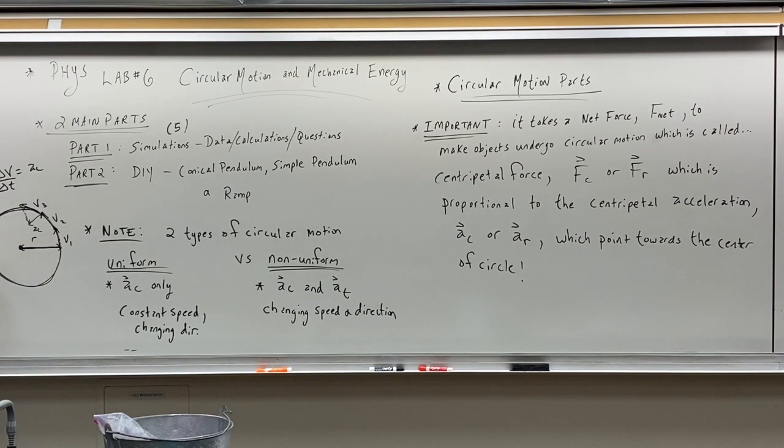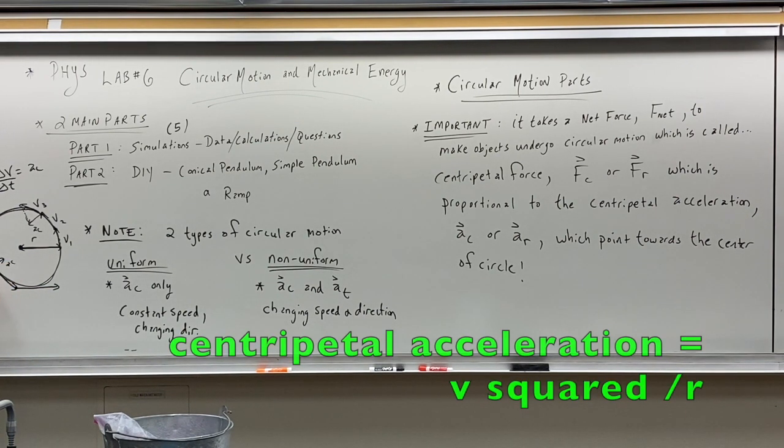However, if you start changing speed on this side, let's say we go here, we're going to increase our vectors, you're going to see that not only do the lengths change, but also you're going to have both the centripetal AC and then you're going to have a tangential acceleration this way.